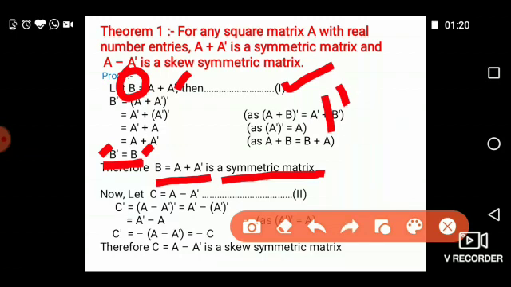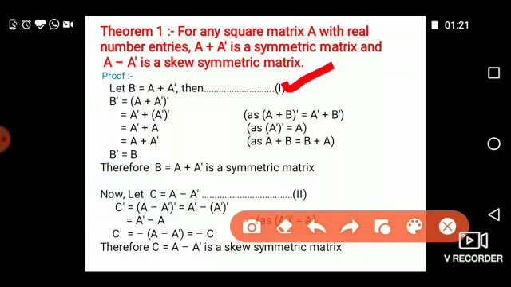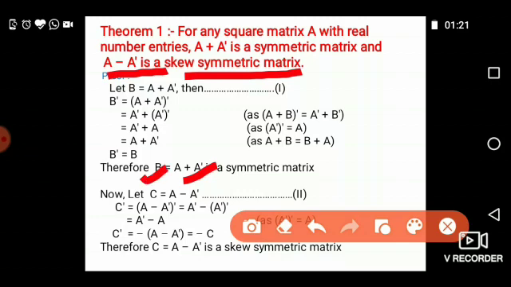Similarly, with the definition of skew symmetricity, let me prove the second part of this theorem. You have to prove that A minus A dash is a skew symmetric matrix. Let me denote A minus A dash by the notation C, and let me denote it by equation number 2.